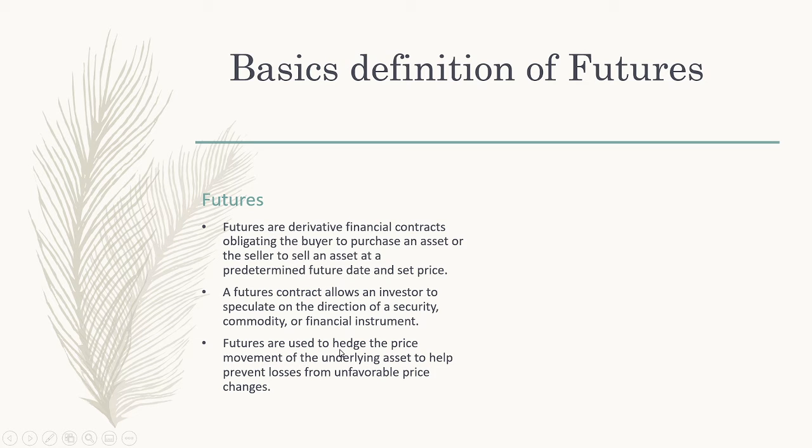Okay, so let's look at the other point. Futures are used to hedge the price movement of the underlying asset to help prevent losses from unfavorable price changes. What do we mean by this? Futures were originally created for hedging purposes only. Let's say earlier you had bought State Bank of India shares in cash.